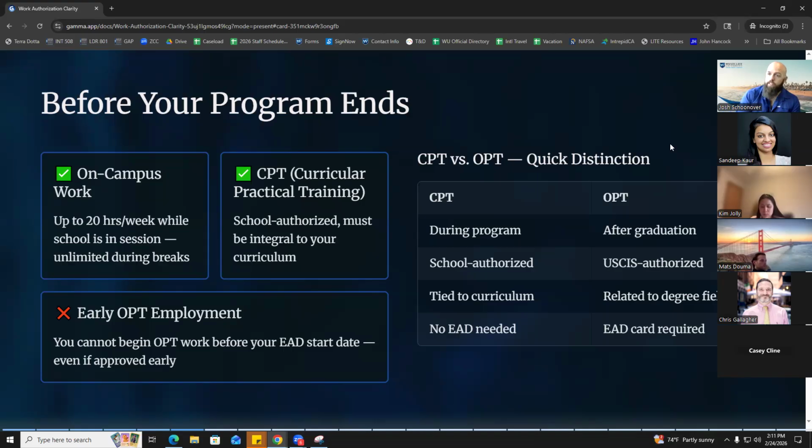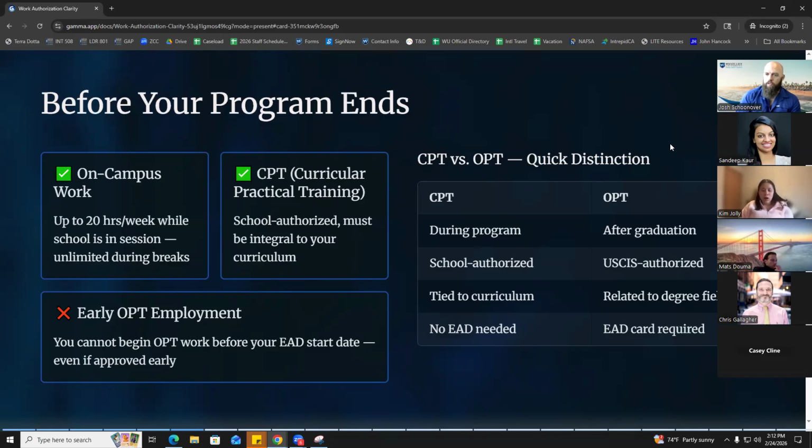Now, you can do as much on-campus work or as much part-time CPT, 20 hours per week or less, as you want. It doesn't impact your OPT eligibility. But once you exceed 12 months of full-time CPT, you lose eligibility to apply for both OPT and STEM OPT until you complete another program of study at the next highest level.